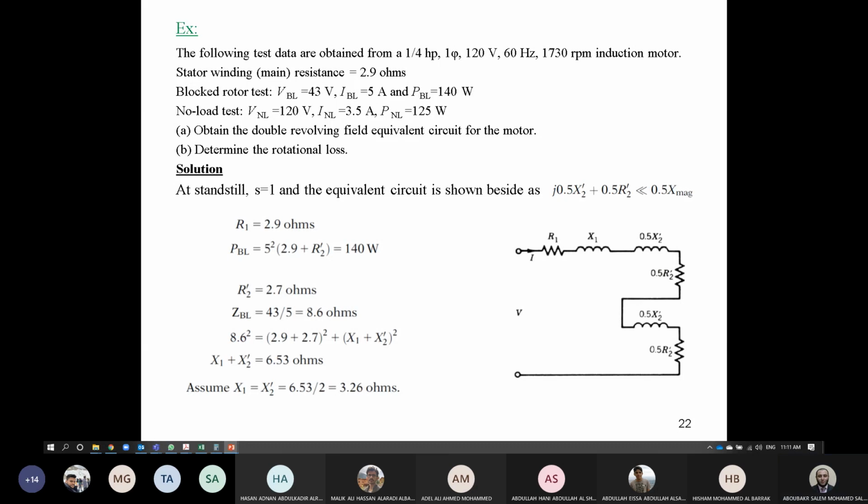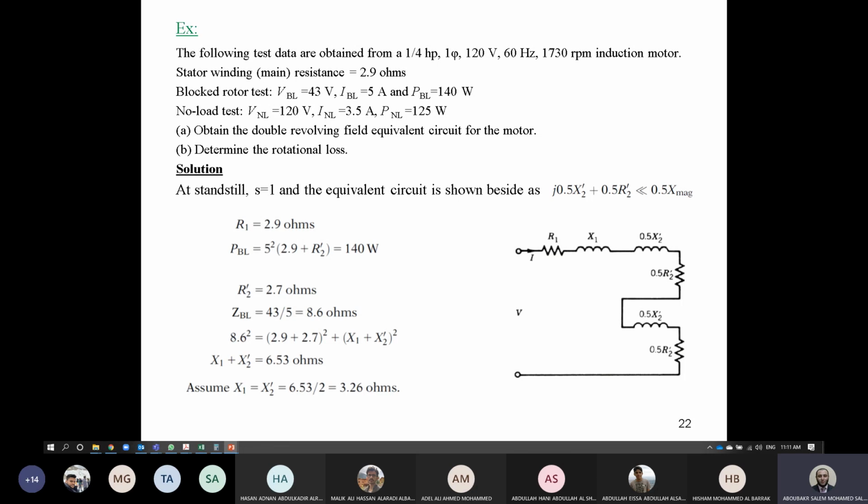We were determining the parameters using two different tests. One test is called short circuit test, or blocked rotor test, and this blocked rotor test is equivalent to short circuit test of transformer. And the other test is called no load test, and it's equivalent to open circuit test of transformer. So these tests are equivalent for induction motor and transformer.